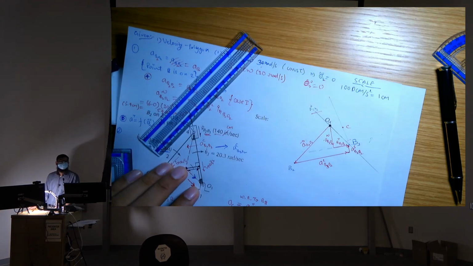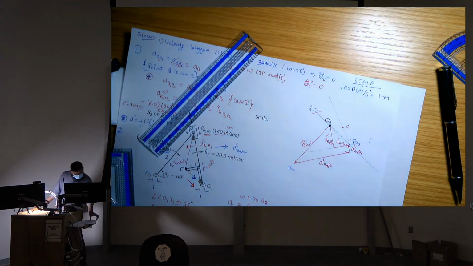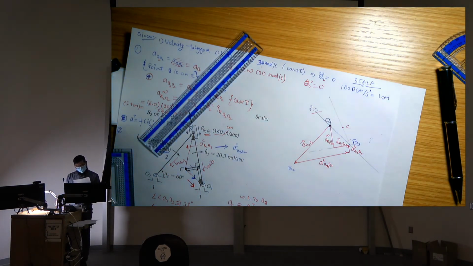The question says to determine the acceleration polygon for the mechanism. So first we complete the acceleration polygon for the whole mechanism, and then find the angular acceleration of link 3, theta 3 double dot.